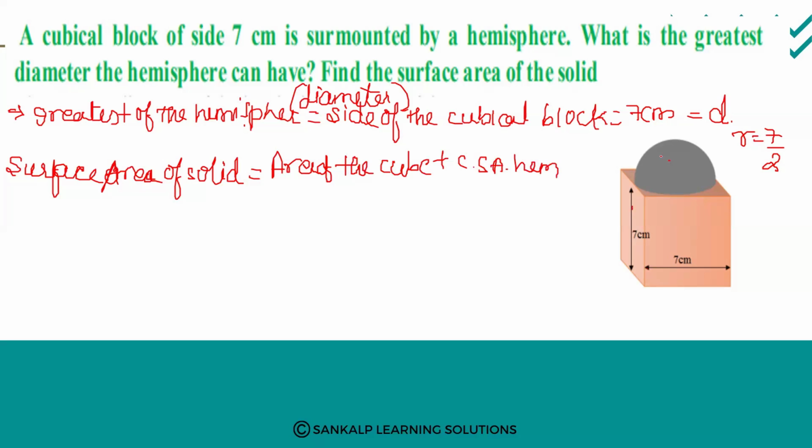So here cube is there plus one hemisphere is there, minus the area of the circular base of this hemisphere, right?